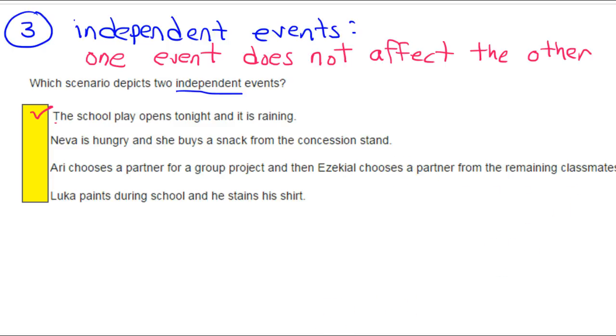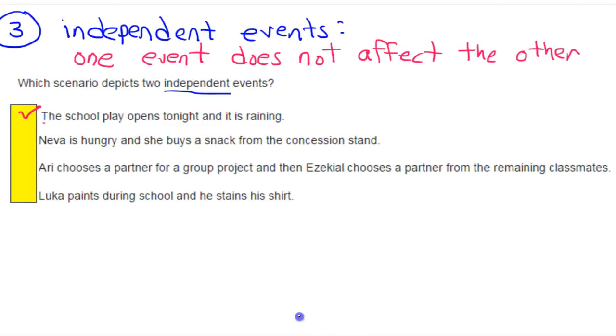Ari chooses a partner for a group project, and then Ezekiel chooses a partner from the remaining classmates. Well, the fact that Ari chose a partner first, that took up one of the potential partners. So that affects Ezekiel's choices, because he has one fewer choice now than he had before. So his probability of choosing a partner is decreased by one person.